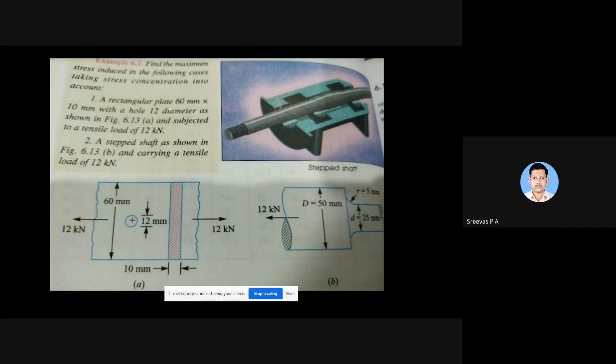A rectangular plate 60 mm into 10 mm with a hole 12 diameter as shown in figure 6.13a and subjected to a tensile load of 12 kilonewton. Second, a stepped shaft as shown in figure 6.13b and carrying a tensile load of 12 kilonewton. You have to find out the maximum stress. For maximum stress, first find out the nominal stress, then multiply it by the stress concentration factor.